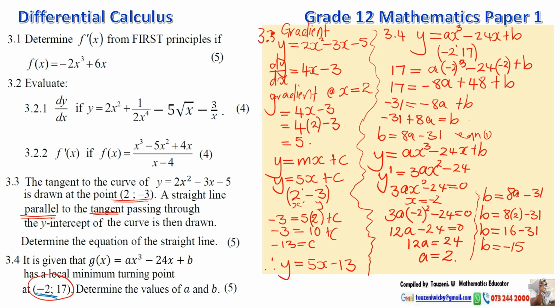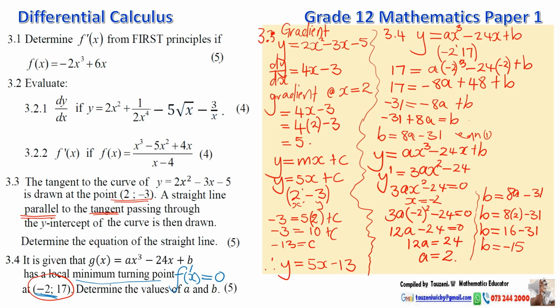Then the local minimum point, we get it from equating the derivative to 0. So you equate the derivative to 0, and then in that equation we substitute x with the x value of the turning point, which is -2.